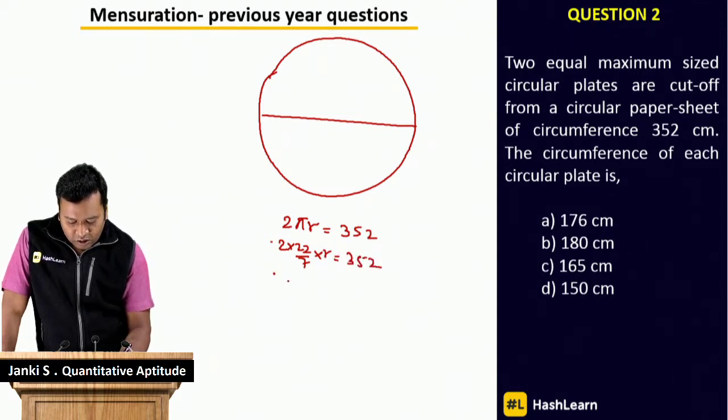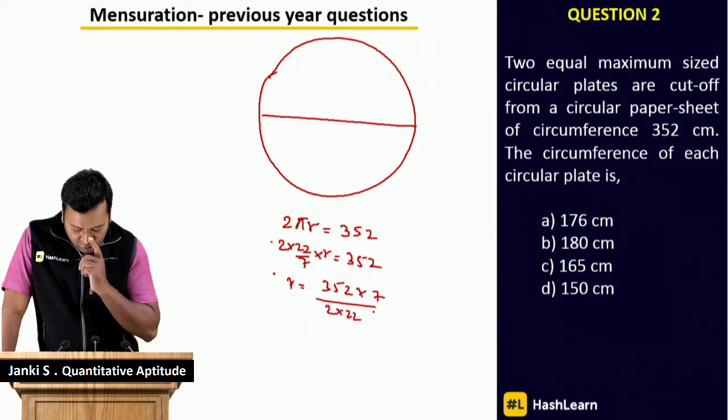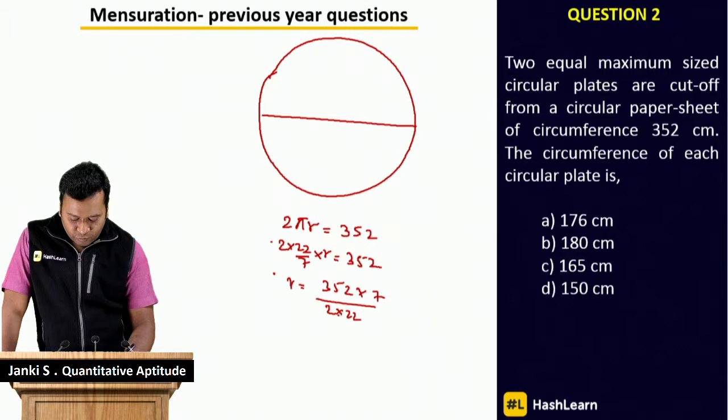So according to this, the value of r is how much, 352 into 7 by 2 into 22. The good part is this value is 44 here, and this value is a multiple of 11. So let's do one thing, let's take this one in terms of 4 times and this one is 32 times, right?